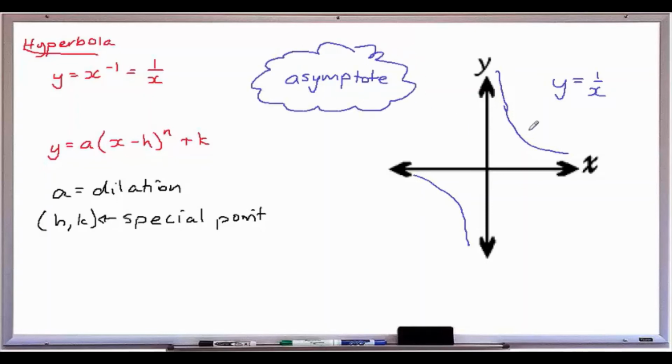And in this case, this graph here, which is 1 on x, I could also write as y equals 1 over x minus 0 plus 0. And therefore now we have this h and k stuff, because remember, when I have something on the denominator, I could write that as 1 outside of (x minus 0) to the power of -1 plus 0.